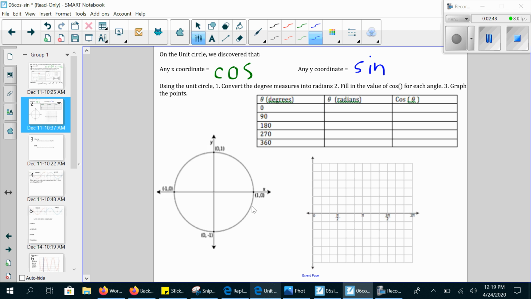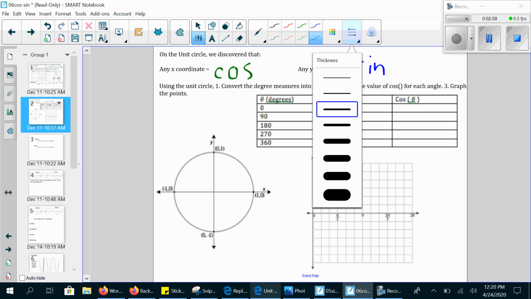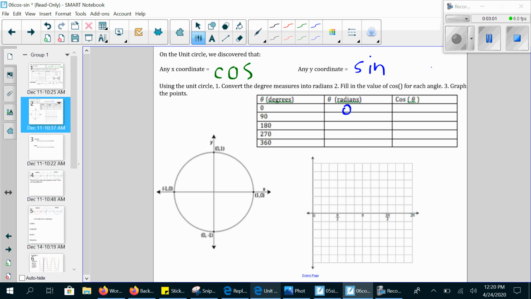So if we have an angle that takes place at 0 degrees, or if we wanted to write it as radians, it would still be 0. I need a thinner line because I'm not going to fit in this chart. Okay. So that angle is right here, and it hits the unit circle at the coordinate 1, 0, which if cosine is our x-coordinate, that means that cosine of 0 degrees is just 1.